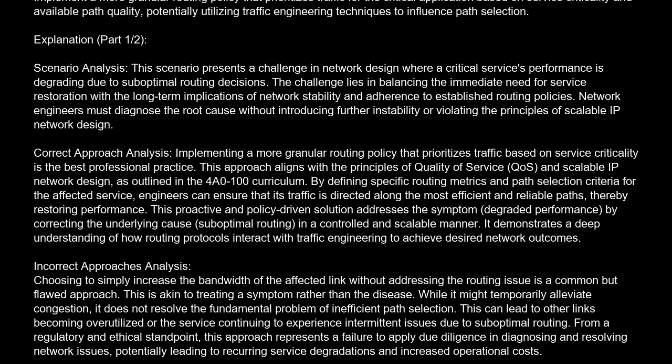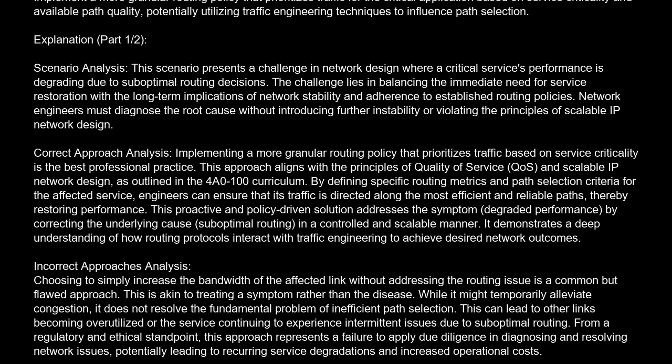Correct approach analysis. Implementing a more granular routing policy that prioritizes traffic based on service criticality is the best professional practice. This approach aligns with the principles of quality of service, QoS, and scalable IP network design, as outlined in the 4A0-100 curriculum.